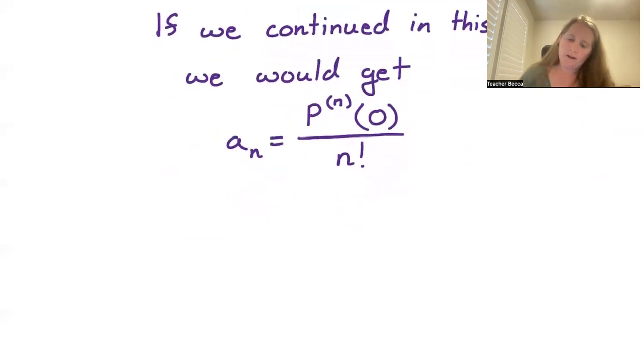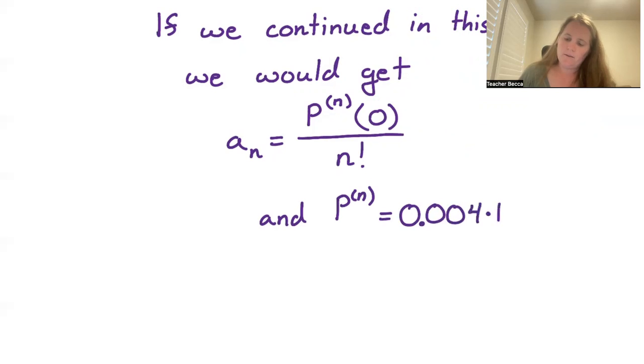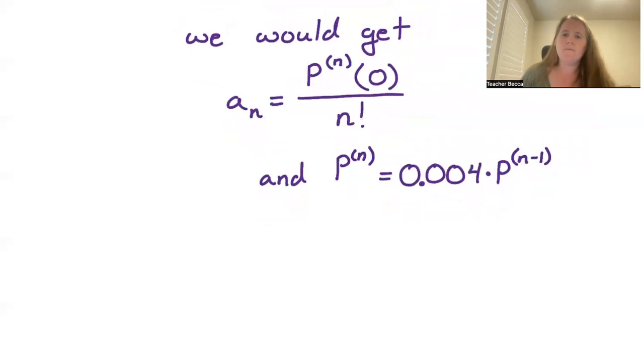And we would also have the nth derivative of p would just be 0.004 times the n minus first derivative of p.